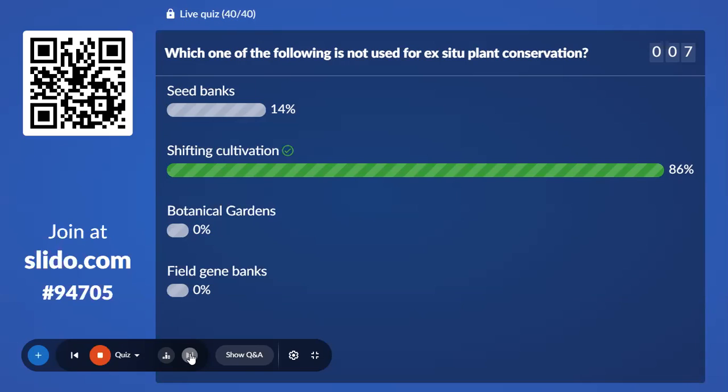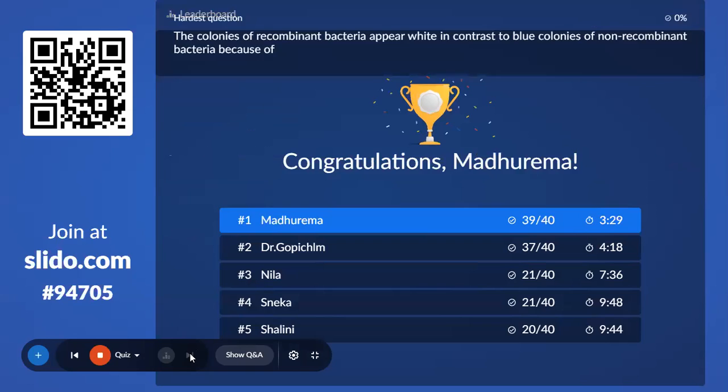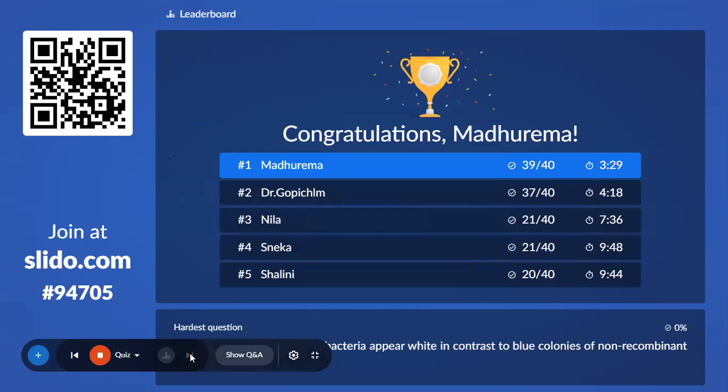We have the final leaderboard on the screen. Good, good Madhurema, absolutely good. This is what I needed. 39 on 40. Then you have Dr. Gopi 37 on 40. Then Nila 21 on 40. And after that you have Shalini 20 on 40.